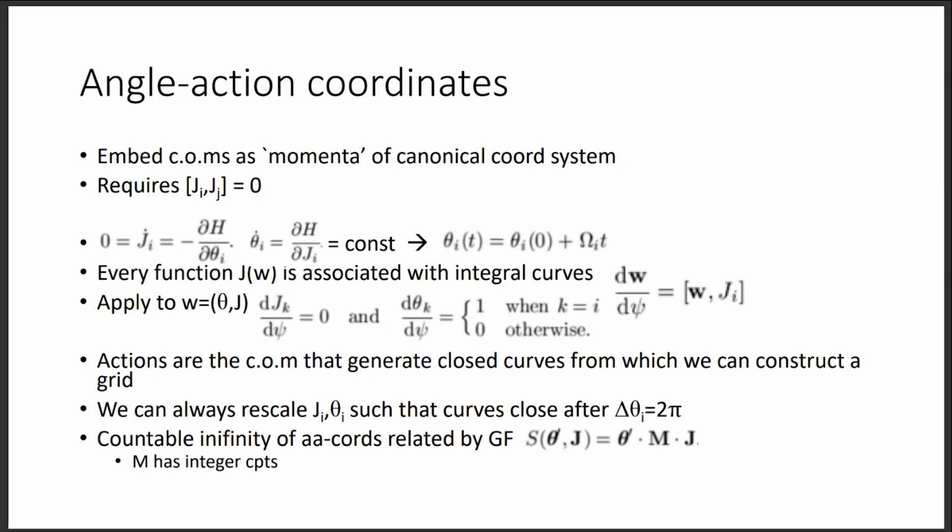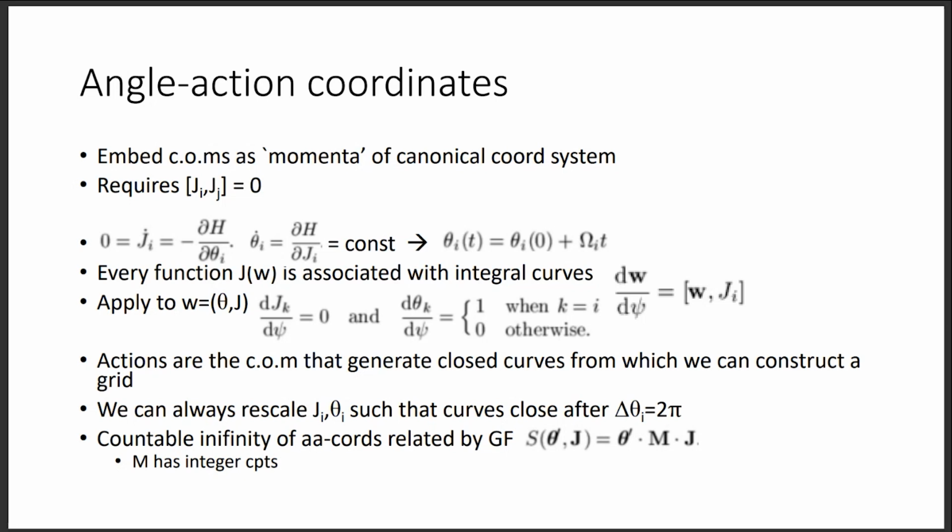So we can evaluate this Poisson bracket for whatever coordinate we desire, and therefore integrate this equation of motion and get W as a function of psi, a trajectory through phase space. Your function on phase space generates a trajectory through phase space because the Poisson bracket exists.